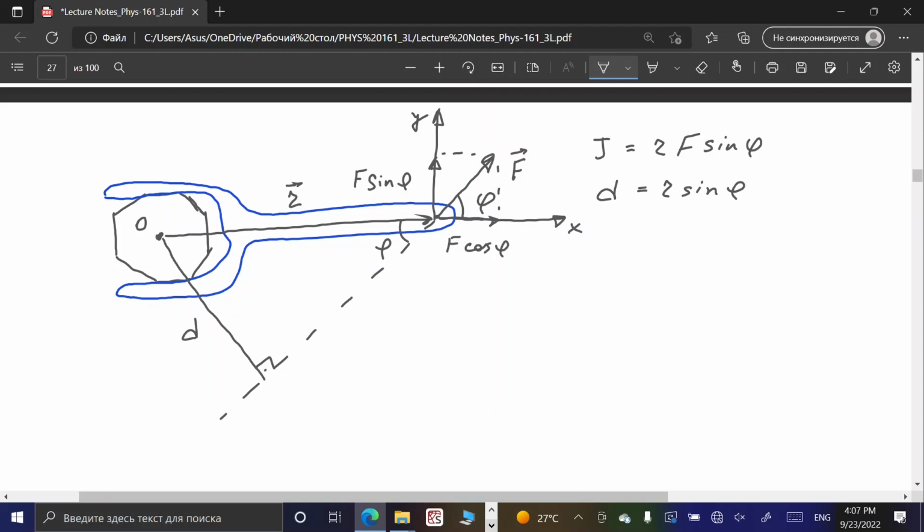Taking this into account, the torque is defined as force F times d.